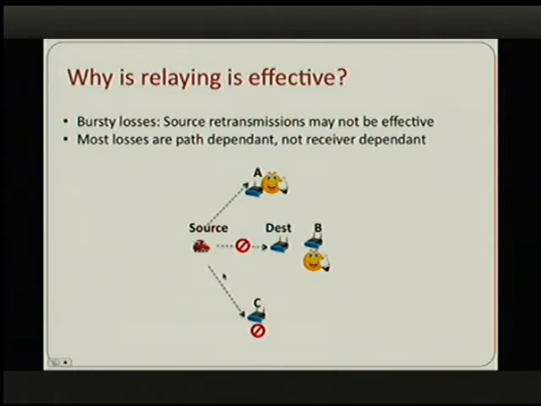There's a chance that the retransmission also will fail. And also, most losses are path dependent, not receiver dependent. In other words, if the source sends some data and the destination doesn't hear it, it's completely independent of whether, when A or B sends the data, the destination will hear it. So these are some of the reasons why relaying is effective.